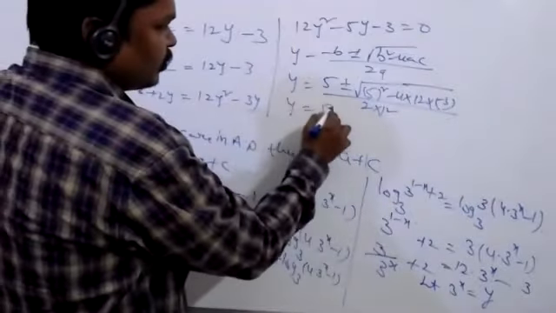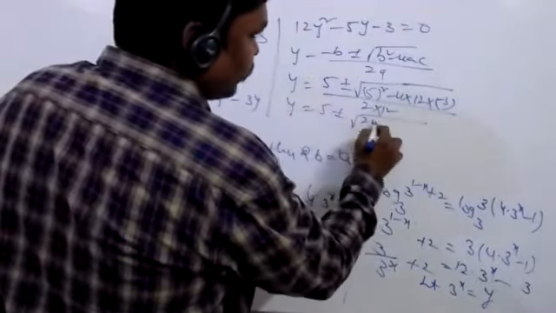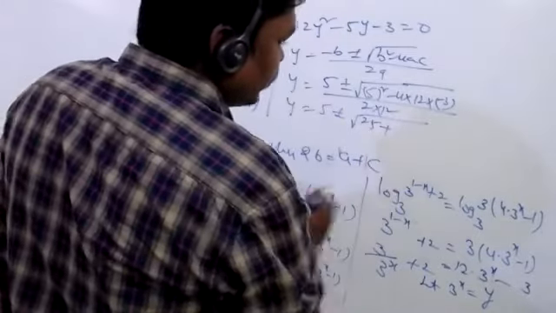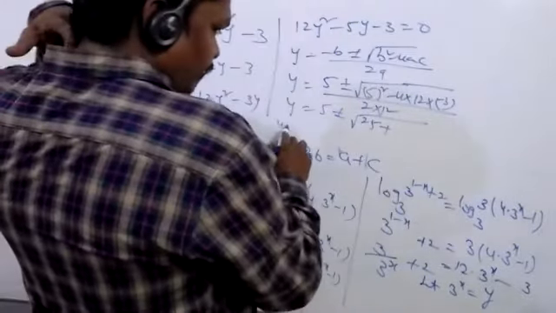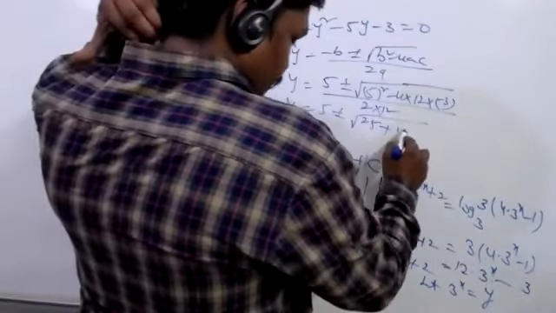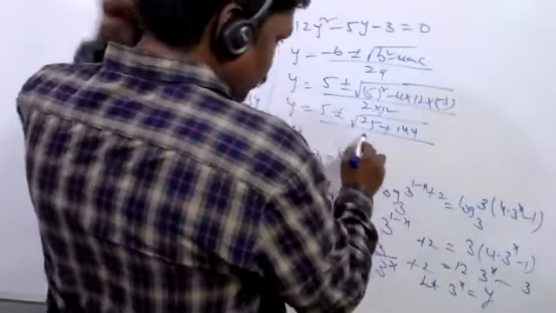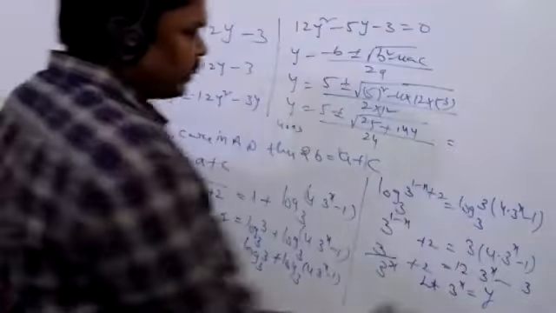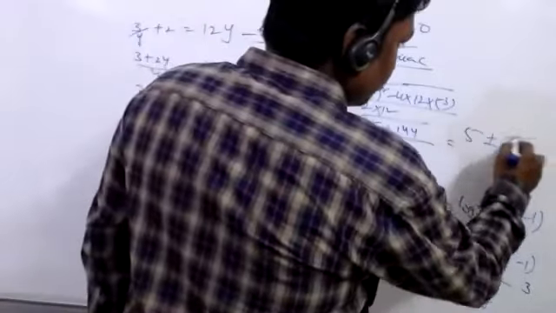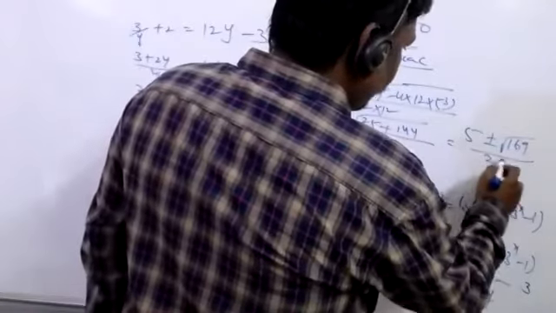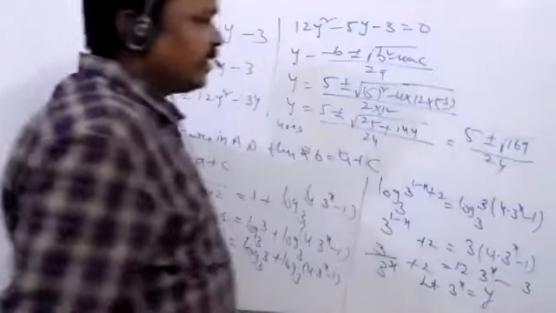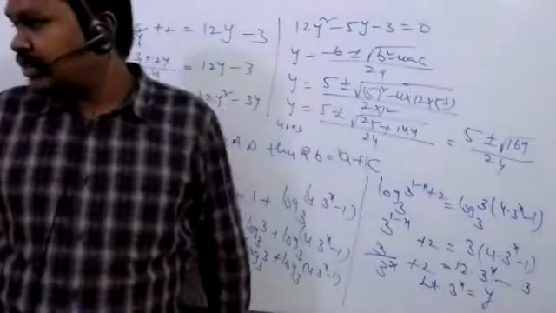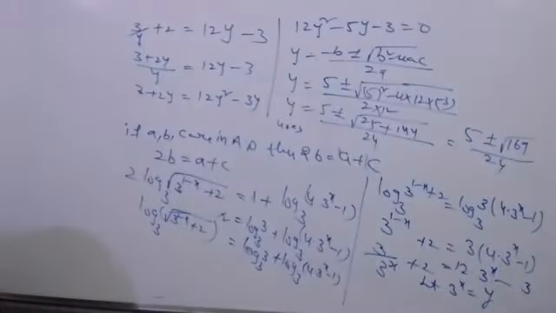Now y is equal to 5 plus or minus under root 25 plus 48 into 3, 144, upon 24. Then 169, right? Sorry, 169, sir, under root is 13. Sir, I did a mistake.